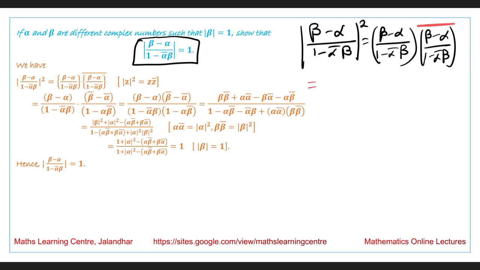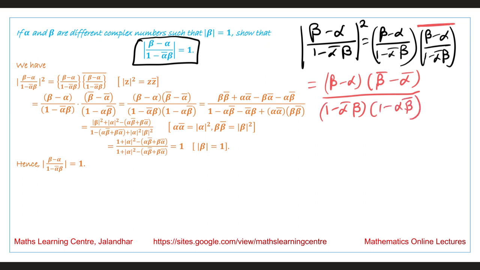So this is equal to (beta minus alpha) into (beta bar minus alpha bar) divided by (1 minus alpha bar beta) into (1 minus alpha beta bar).